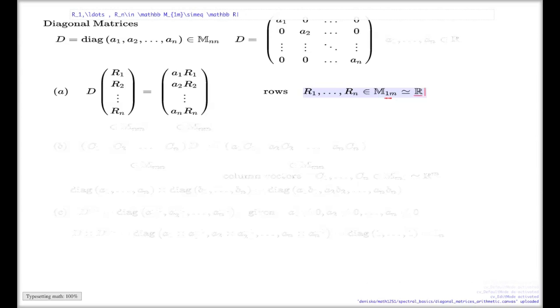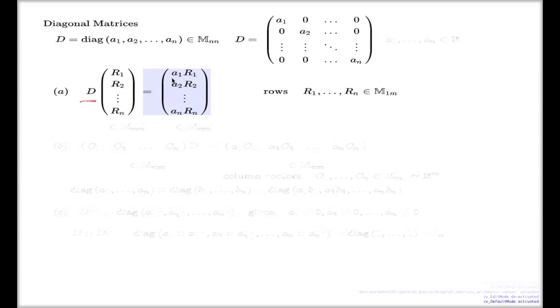They are matrices of size 1 row, m columns. If you multiply a matrix by a diagonal from the left-hand side, this is the same as if you multiply every row by the diagonal entries. You see, this is a matrix of size n times n. This is a matrix of size n times m.